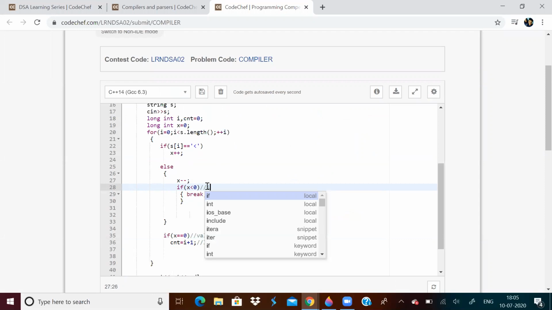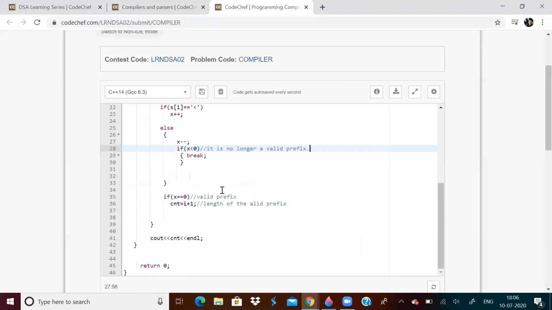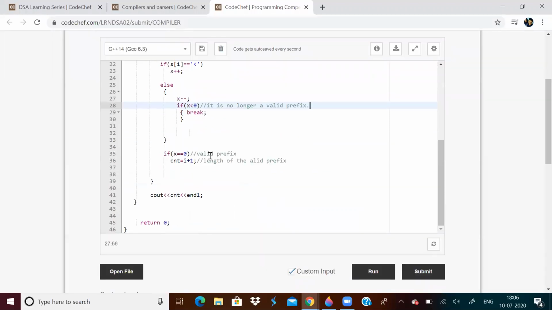It means that it is no longer a valid prefix. And if x becomes 0 at any time, store the length in a variable and ultimately print that length.